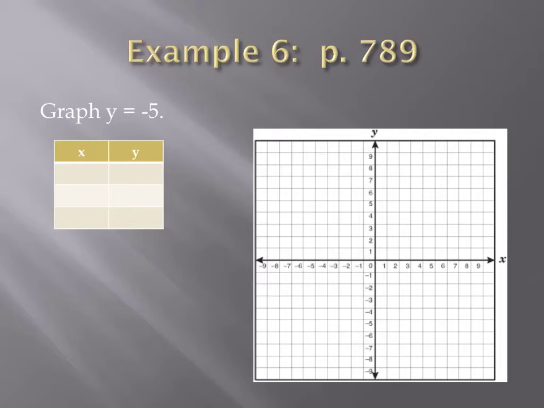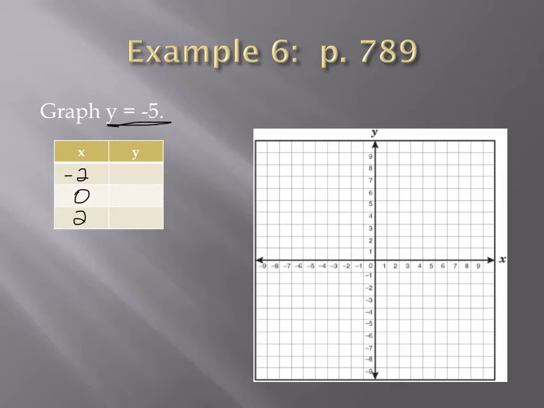Notice on example 6, it says graph y equals negative 5. So I don't have any x values to plug in. So let's just pick the x values negative 2, 0, positive 2. Well, there's nothing to plug in.